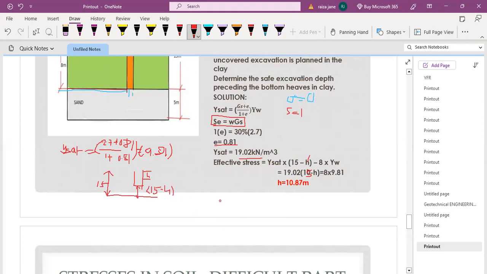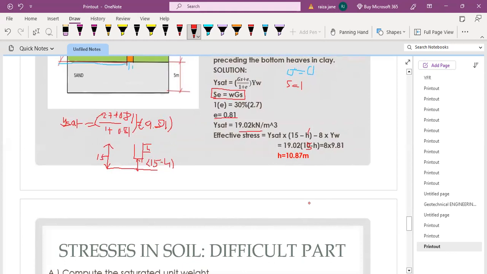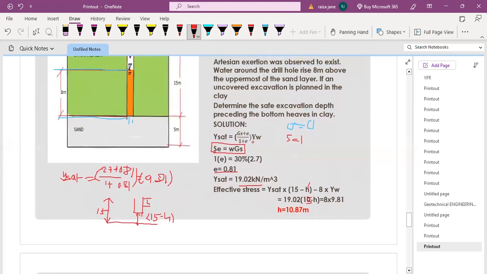Yun. So, ang makukuha natin 10.87 meters ng safe excavation depth preceding the bottom heave in clay.